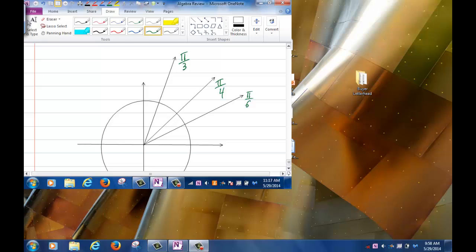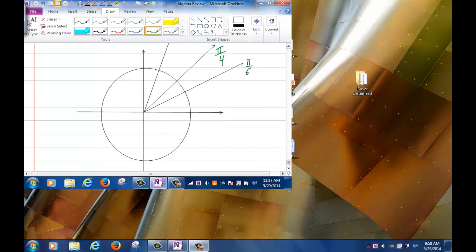Okay, so what I want to know, what are the coordinates of the points, right? So this is 30 here, this is 45. I have really bad scale here, but that's fine. This would be 60 degrees, and this would be 90 degrees here.